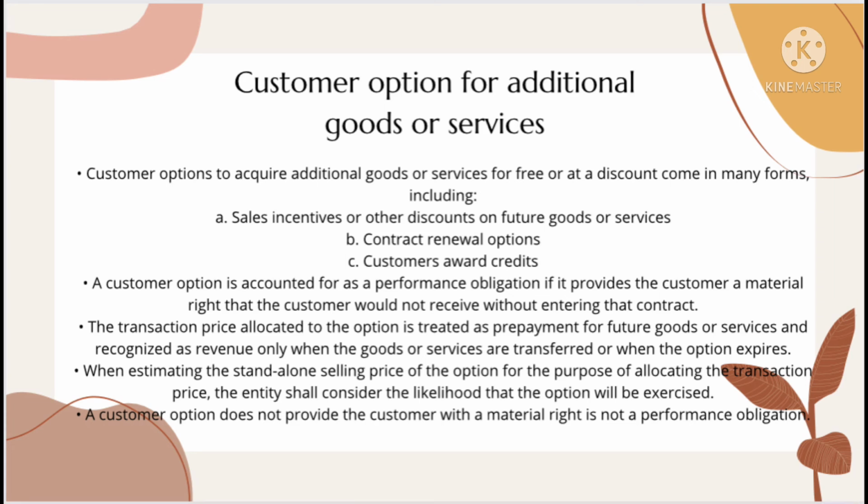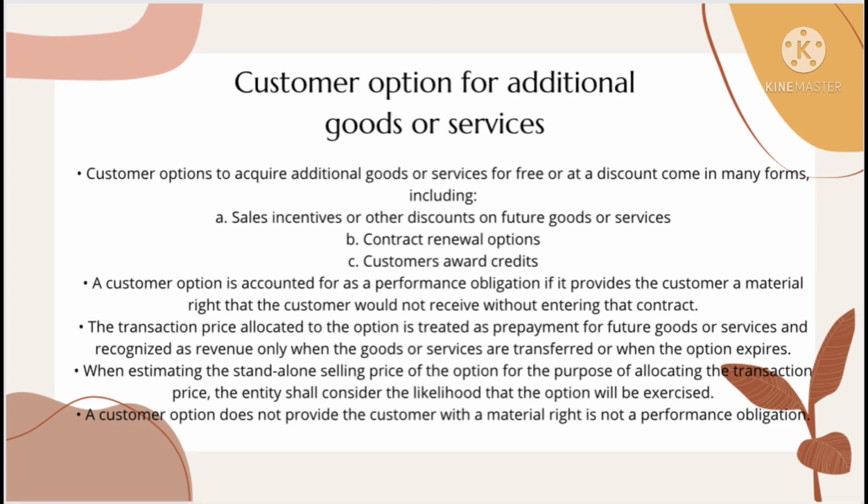A customer option is accounted for as a performance obligation if it provides the customer a material right that the customer would not receive without entering into the contract. Sales incentives, customer award credits or points, contract renewal option, or other discount on future goods or services are only some of the ways customers might obtain additional goods or services for free or at a reduced price.